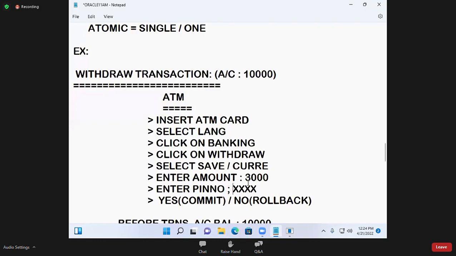Otherwise, if you inserted the card, selected the language, and clicked on bank, the next option is withdraw, but unfortunately you click on deposit. Can I cancel now? Yes or no? That means at any stage, at any level, I can cancel my transaction.